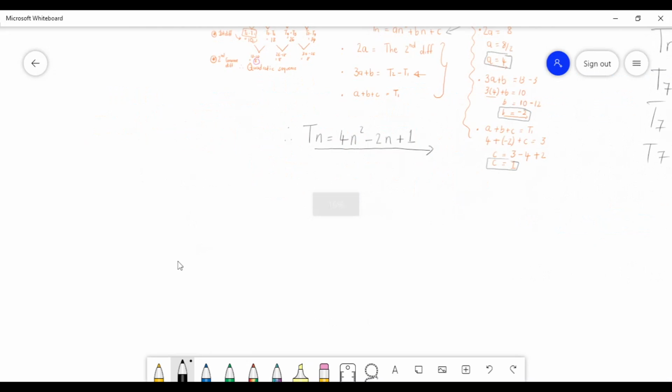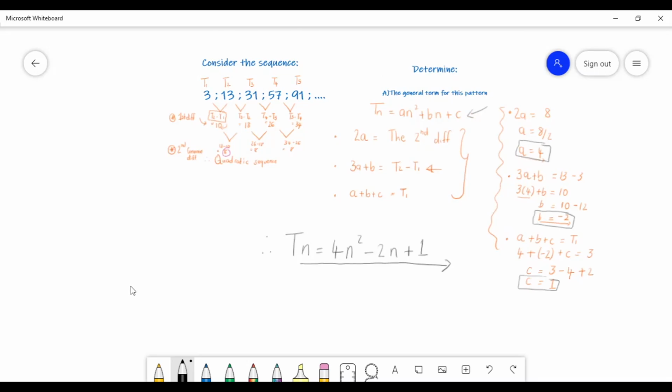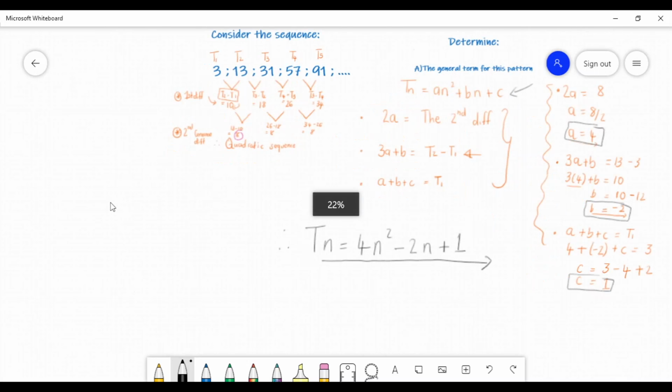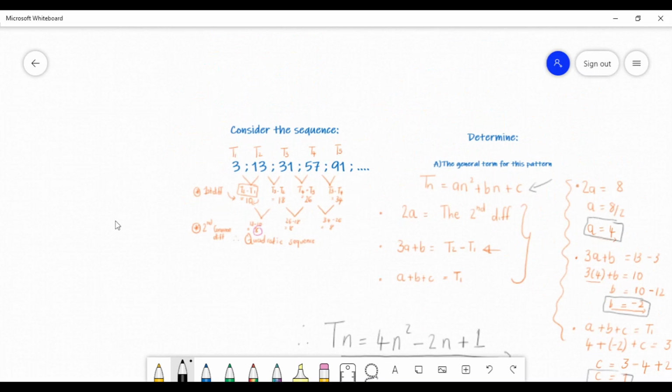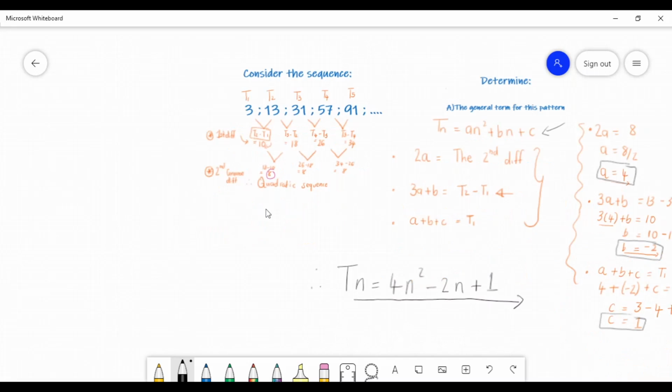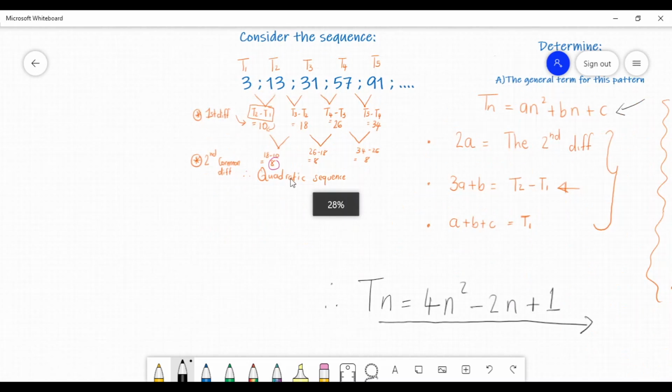That is what we were checking for when we were doing our calculations here, and we found that our second common difference was equal to 8.